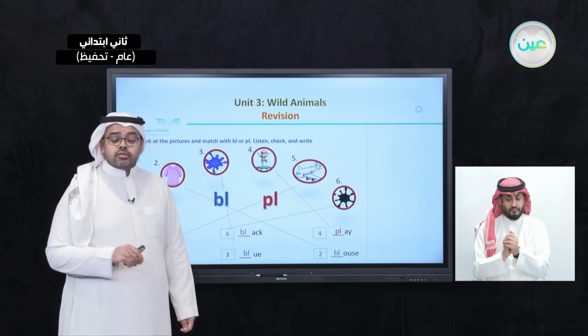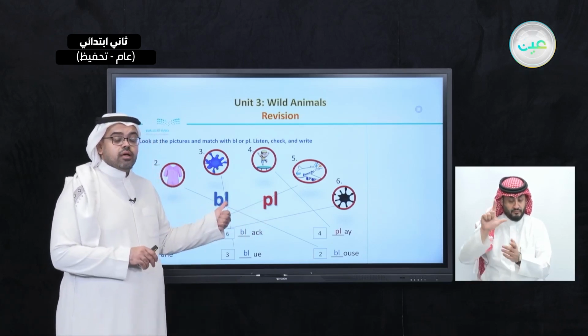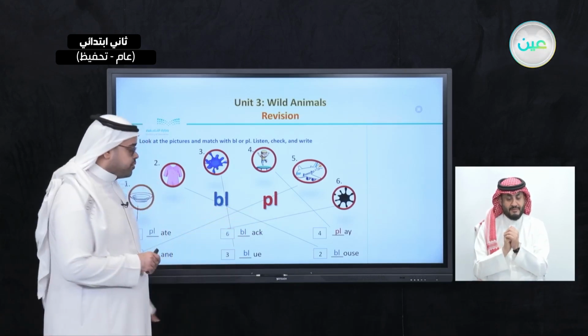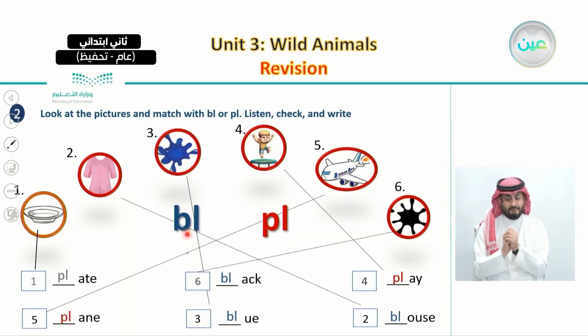Now let's practice words with BL sounds. Let's listen. BL words are black, black. Say it with me, black. And blue, blue. Say it with me, blue.